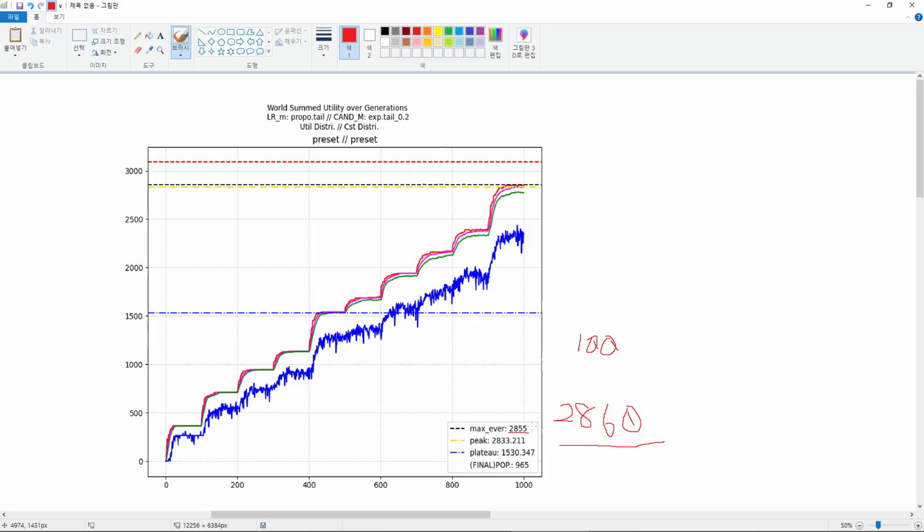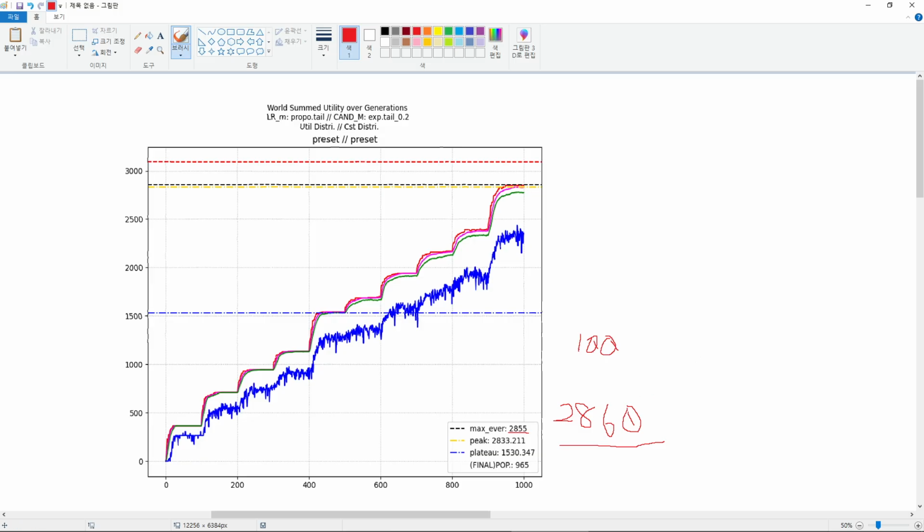But I always like to try the same setting once or twice more, so in total that's two or three times. And then the next time I ran the same thing, I got 2860.